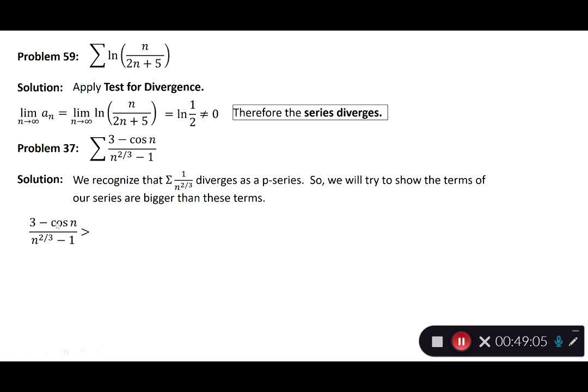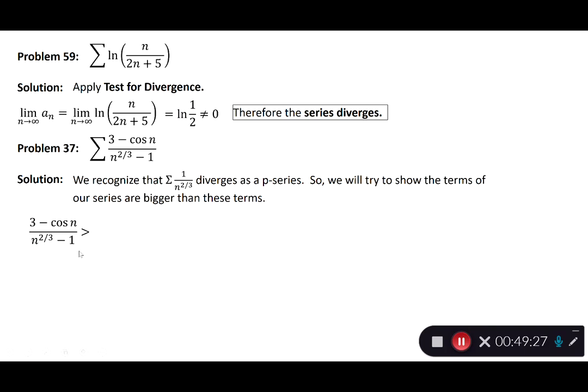What kind of values can cosine n take? Values between -1 and +1. Would you agree? Not exactly, it will never be -1 exactly and never +1 exactly, but some values between -1 and +1, right?